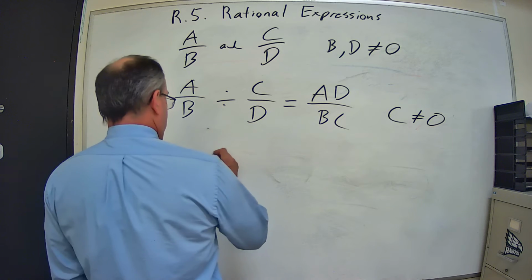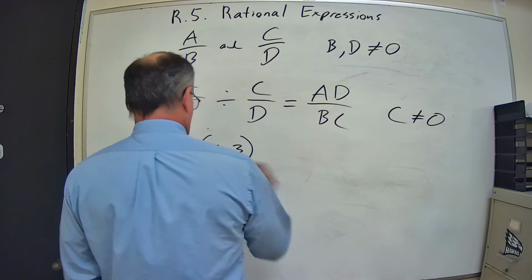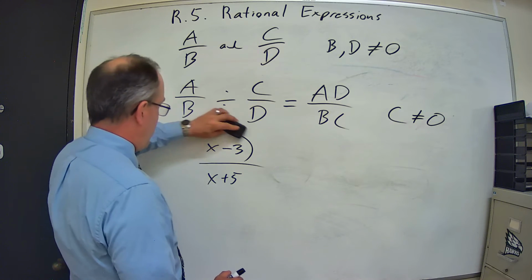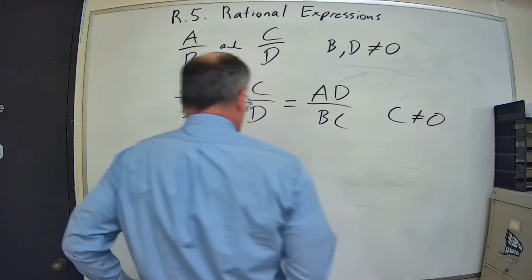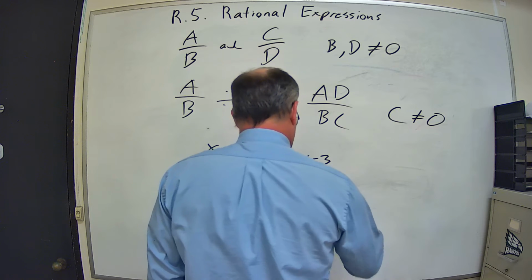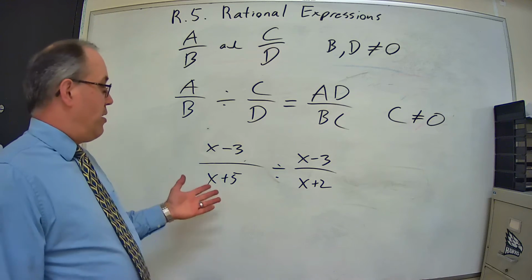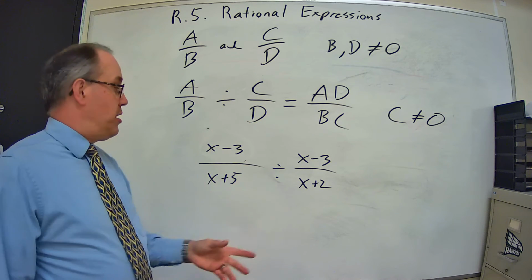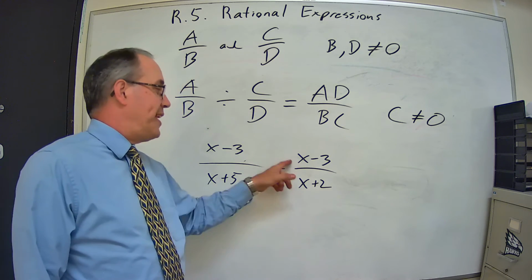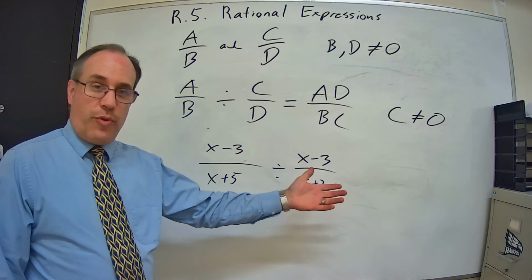So if we have x minus 3 over x plus 5 divided by x minus 3 over x plus 2, then we know that, for the domain at least, x plus 5 can't be equal to 0, x plus 2 can't be equal to 0, and we can't allow x minus 3 to be equal to 0 for when we get done multiplying.